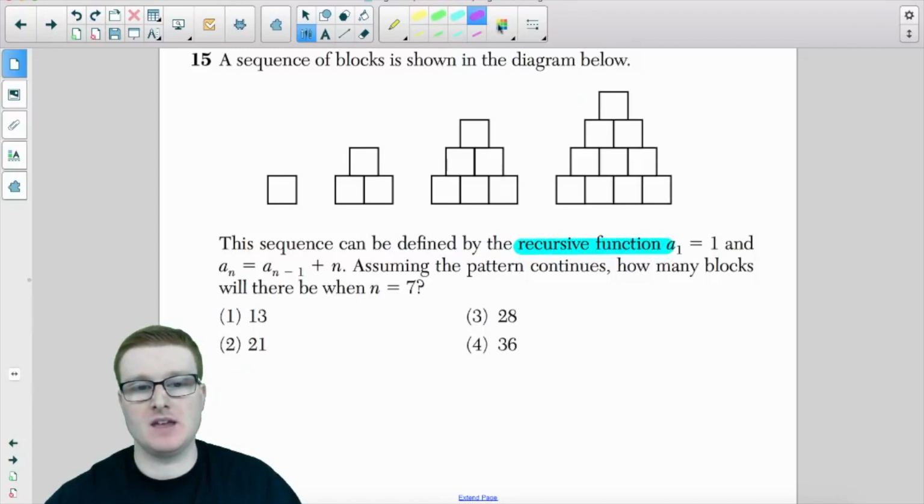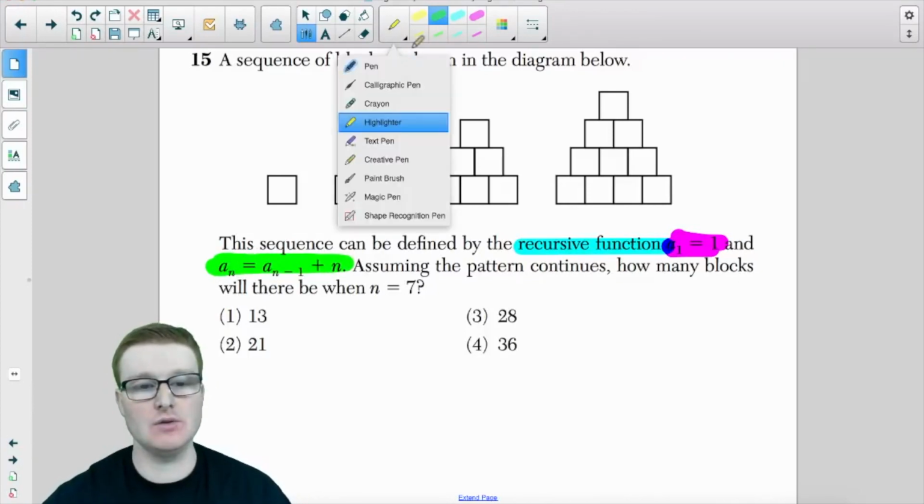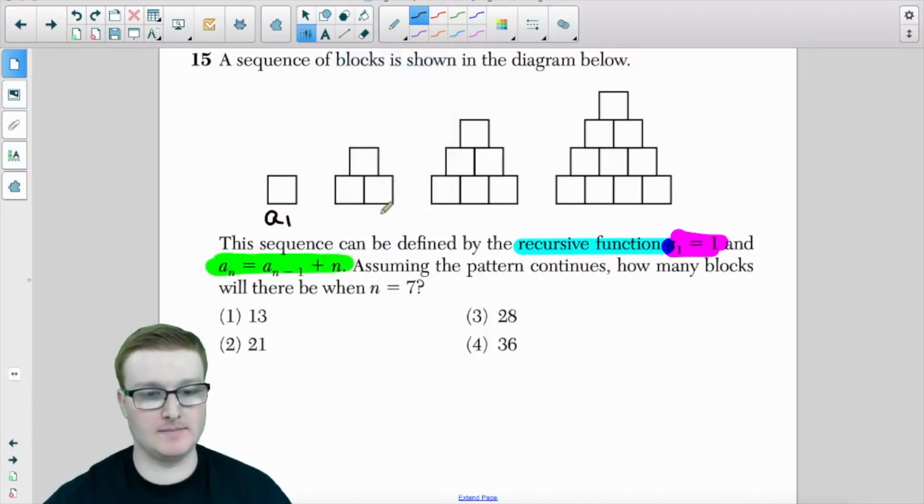Recursion means that you're given the first term, and then you're given the general equation to generate the following terms, okay? So this is a sub 1, this is a sub 2, this is a sub 3, this is a sub 4.